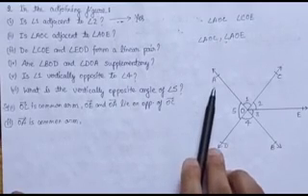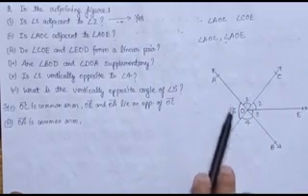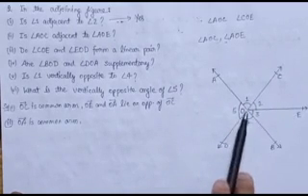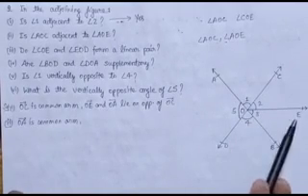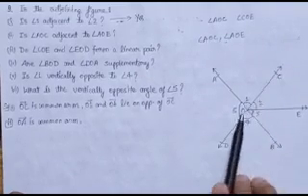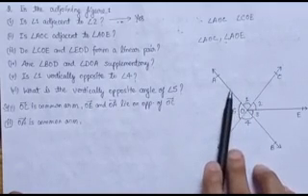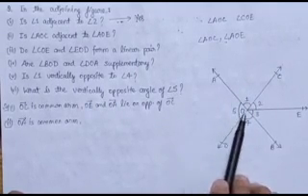The non-common arms of these two angles, that is angle AOC and angle AOE, are OC and OE. You can see clearly that OC and OE lie on the same side of the common arm OA.